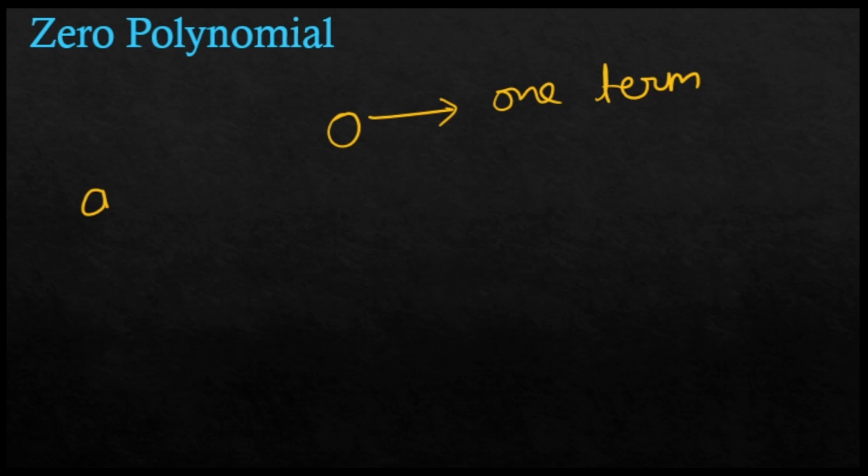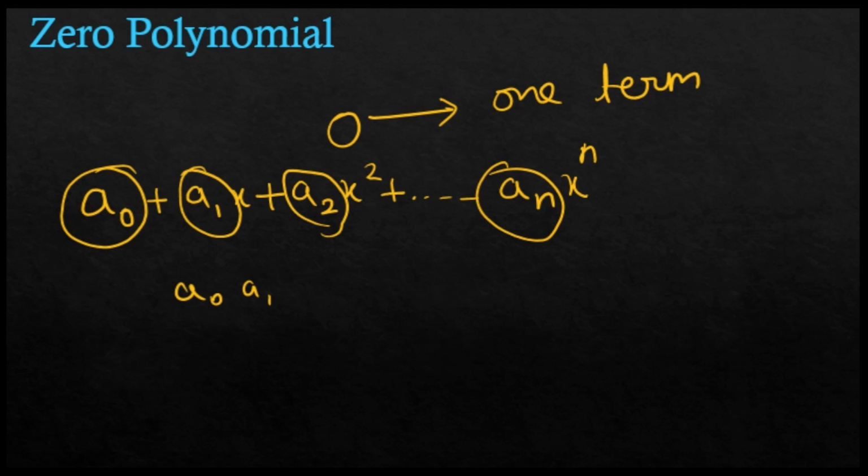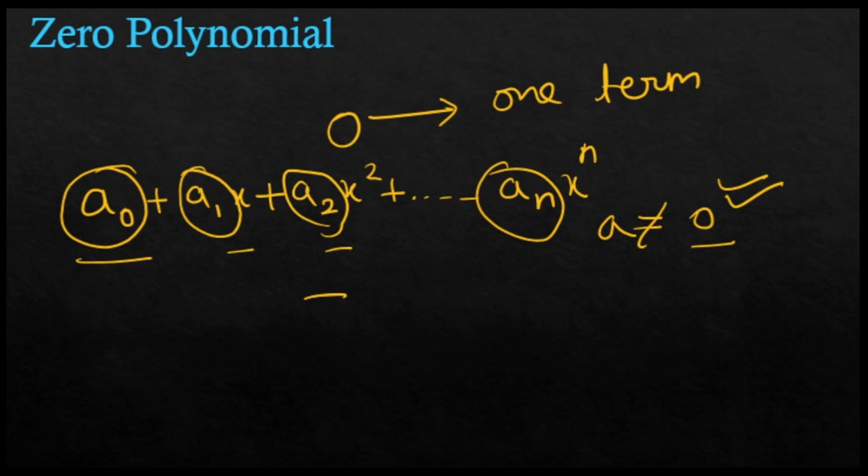Previously I explained that in the polynomial expression, the leading coefficient a cannot be equal to 0, and I explained why. If I put the value of a equal to 0, what will happen?